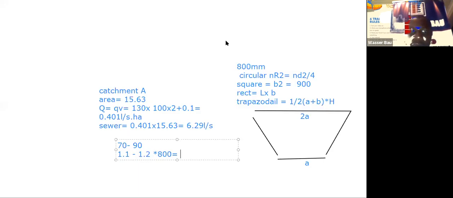So now for catchment G, what is the size of this? For catchment G, we simply look at what G is. G is 14.06.